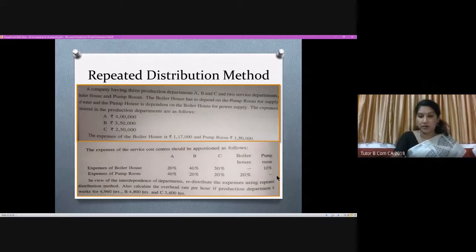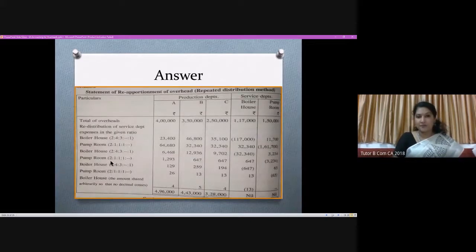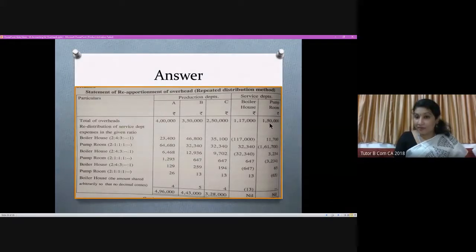So the ratio is not given. Now I have reduced that to 2:1:1:1. So the whole expense, that is here in case of 1,50,000, what you have to remember here is, listen to me very carefully, otherwise you will have doubt. How did I get 1,61,700 when the primary distribution summary of pump house was 1,50,000?